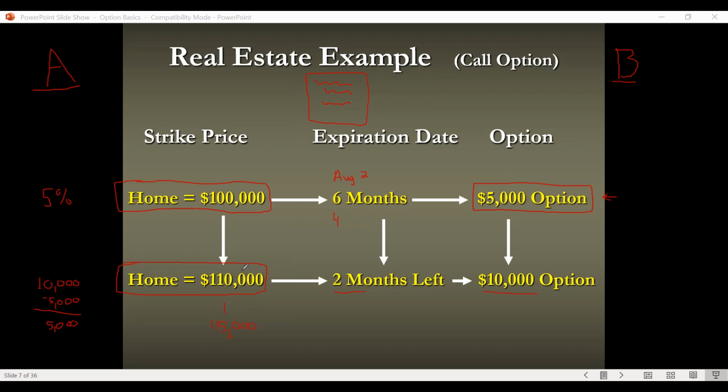Or maybe they just want to be able to own that house for $100,000. They think it's going to go up over many years, and they have a chance to buy it at $100,000. The bottom line is that the minimum value of that piece of paper would be that difference between what the agreed upon price was for that house and what its market value is right now.